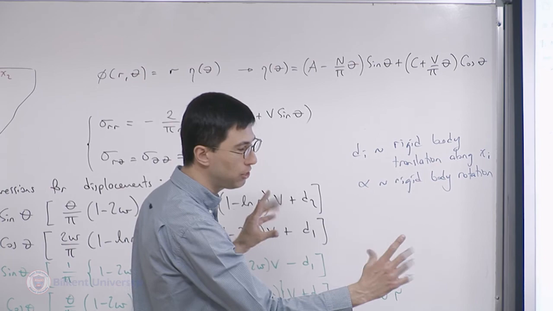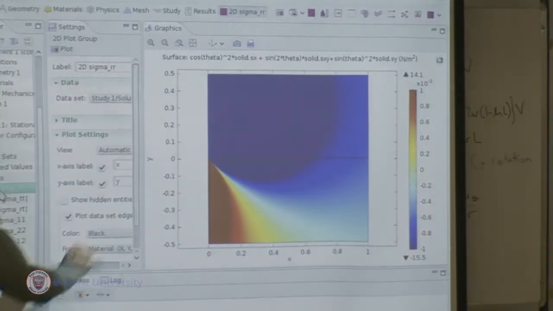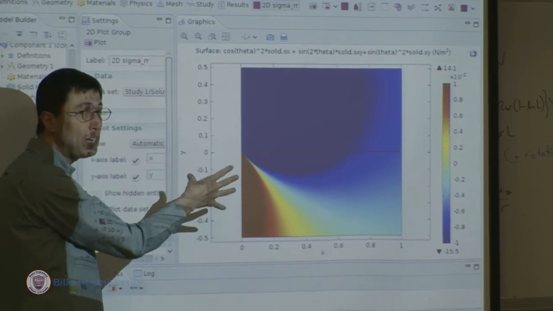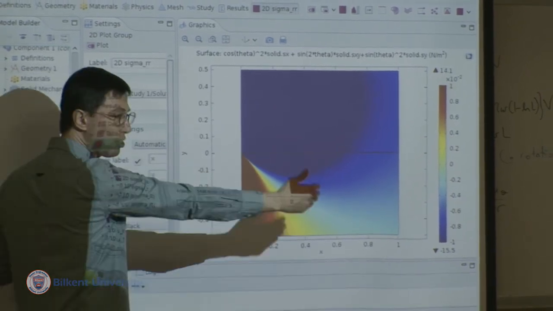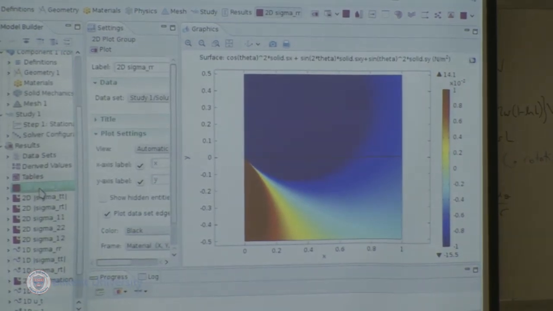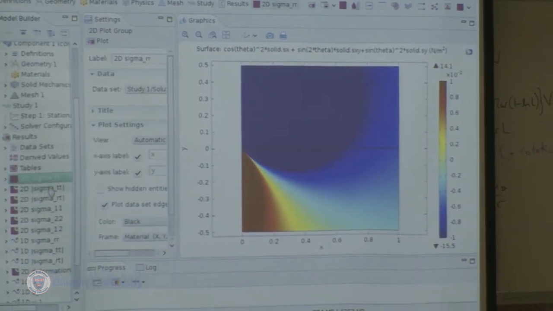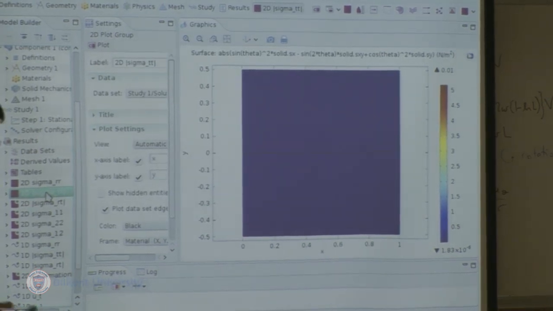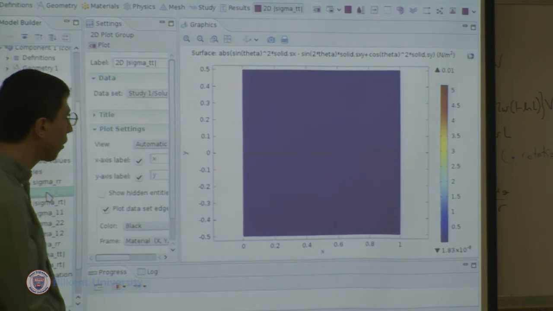Now, the domain, it turns out, with respect to the loads and therefore the variations of the stresses, is not large enough. So you don't see the whole picture here yet. Okay? The domain has to be larger for the whole variation to be more clear. But let me proceed at this stage and look at the tangential stresses. So it may be hard for us to believe, OK, we found out that theta theta and r theta are 0. But are they 0?